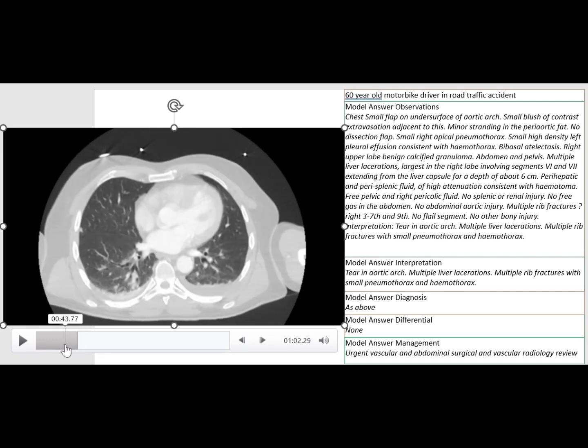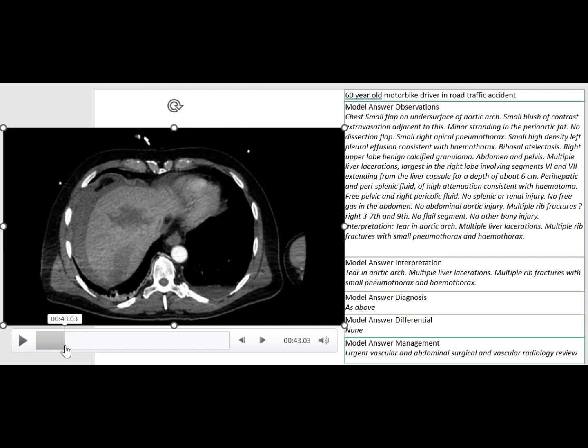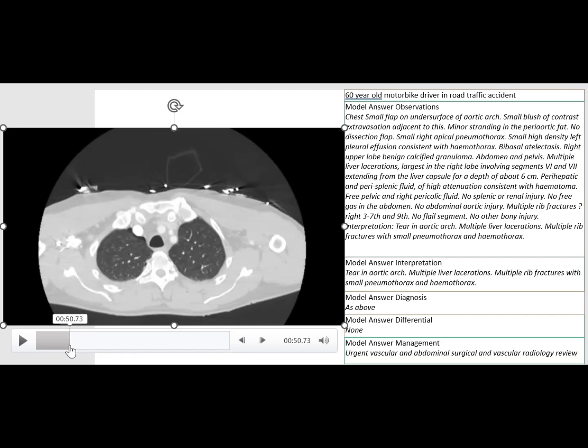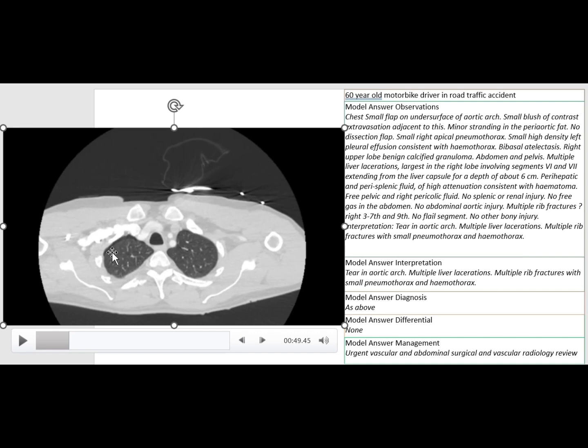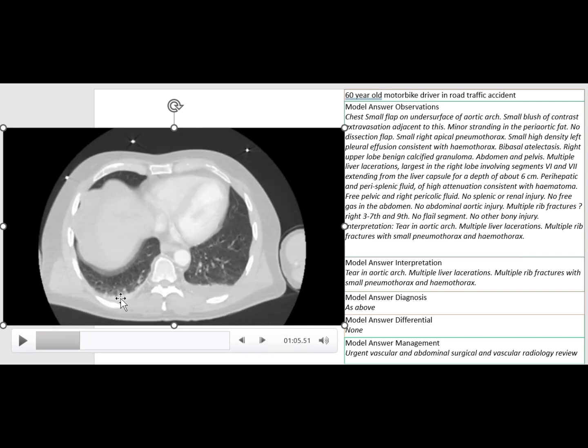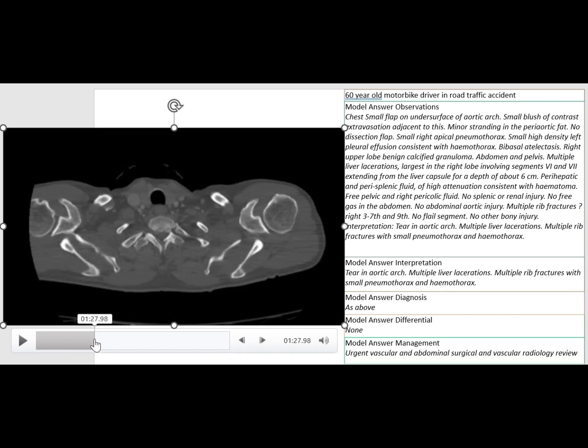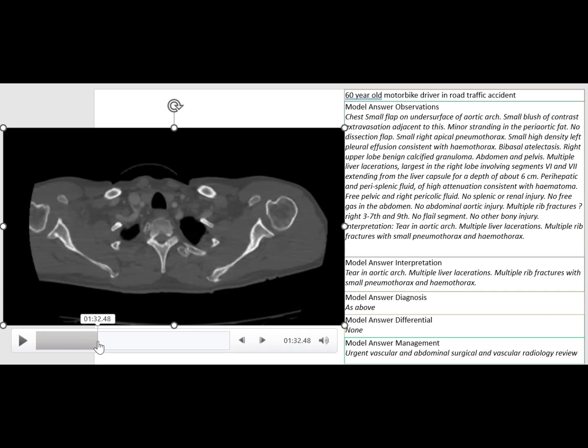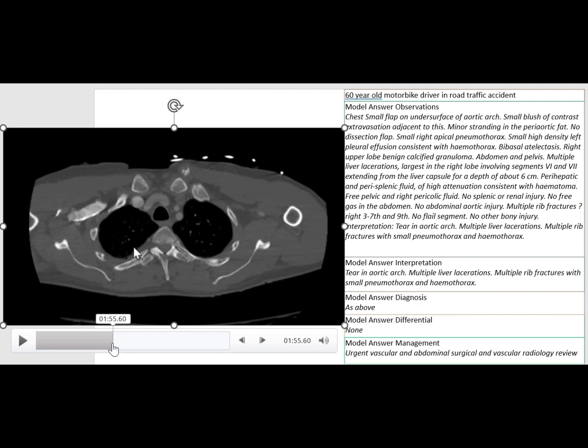Whenever you see a patient with history of trauma with pneumothorax and bilateral hemothorax, you need to look for the cause of the lung injury, which proved here to be multiple rib fractures, as I mentioned.